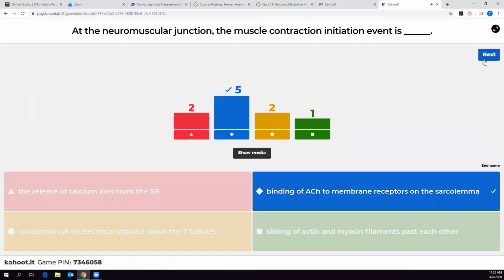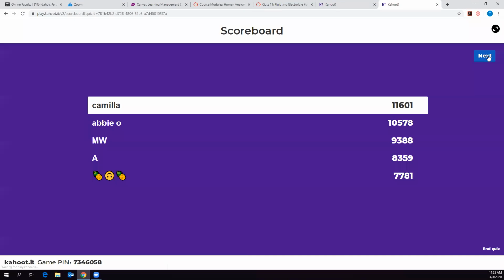Yes, that's exactly right. So that's the first thing that happens. The second thing that happened would be the gold one. The third thing that happened would be red. And then the fourth thing that happens is green. So like I said, all of those things happen, but the only one that happens at the neuromuscular junction is this neurotransmitter crossing the gap, binding to sarcolemma.